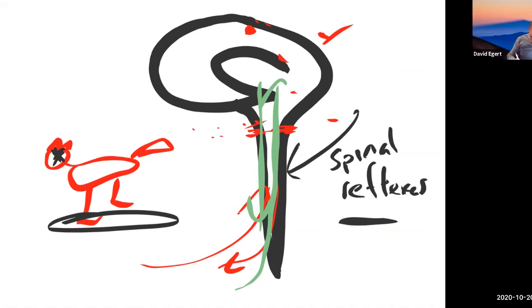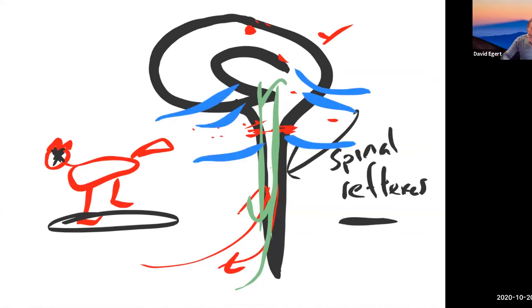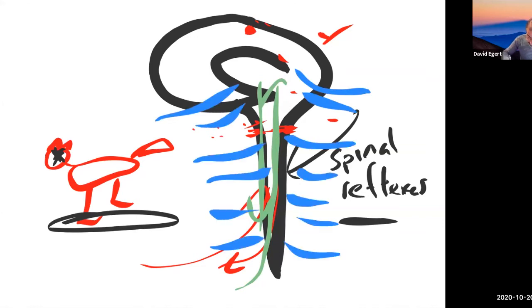And then there are the nerves that are coming off, cranial nerves, spinal nerves. I don't want to go into this, it's more anatomy.